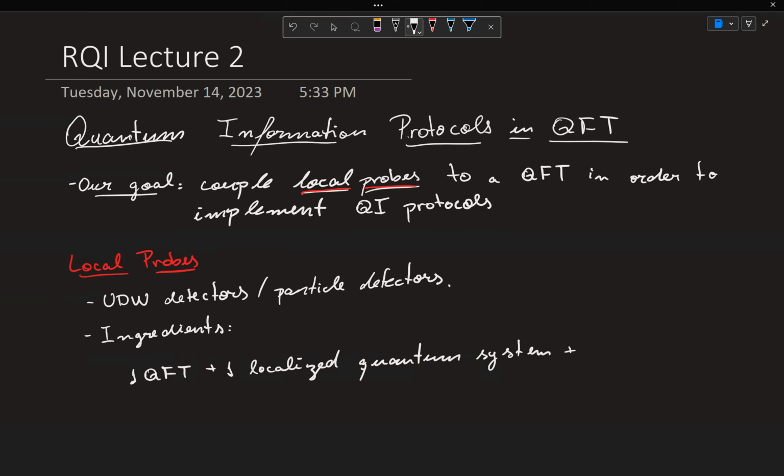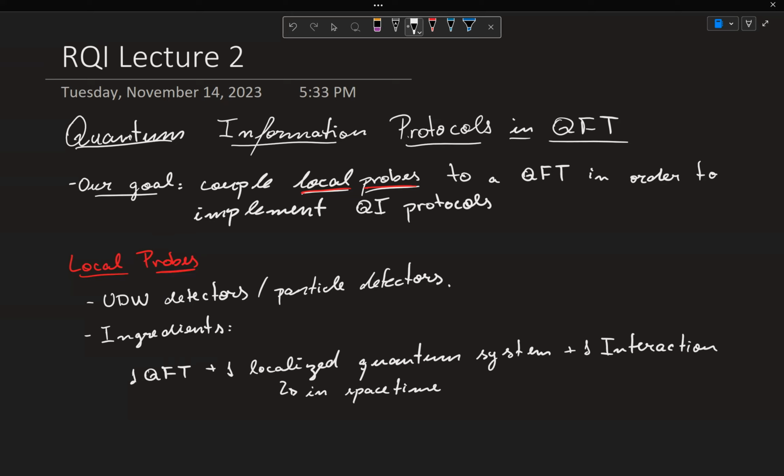So technically, we need a third ingredient, which is one interaction. And the idea here is that we need to describe this localized quantum system. It's localized in both space and time. We want it to be localized in spacetime.